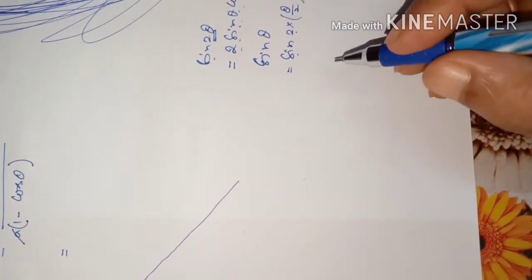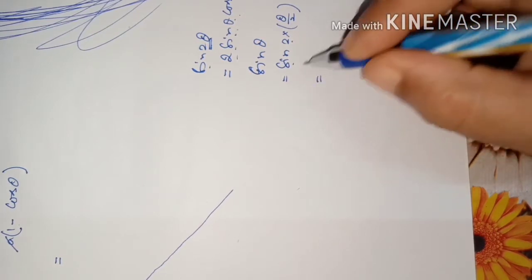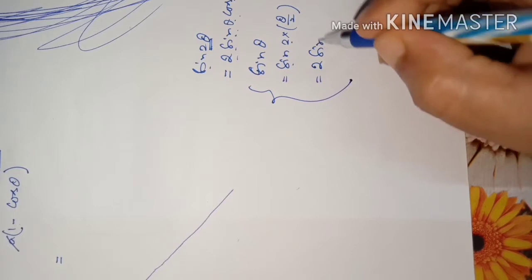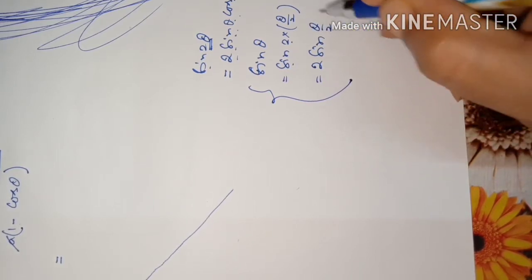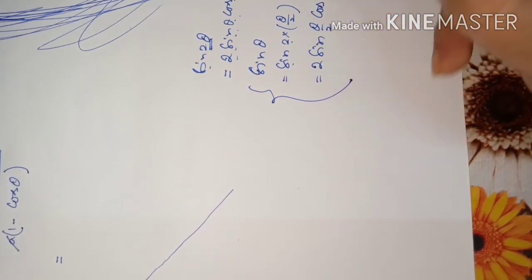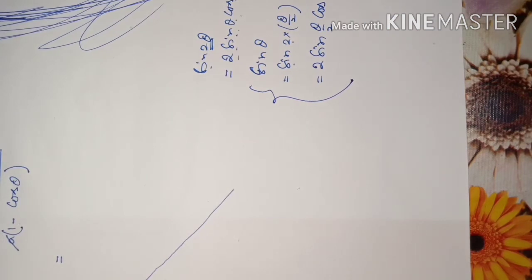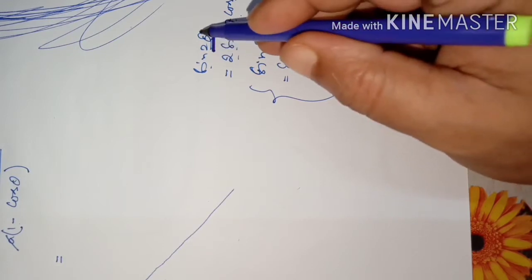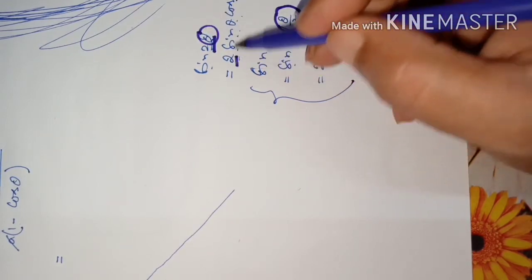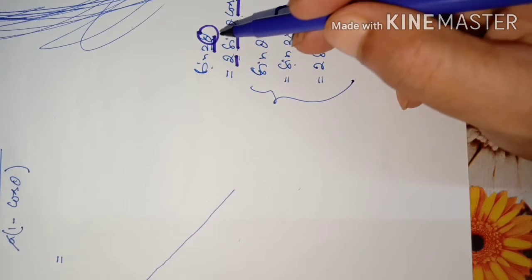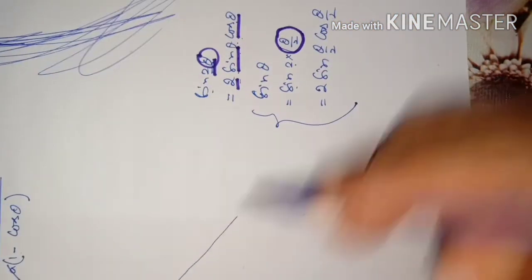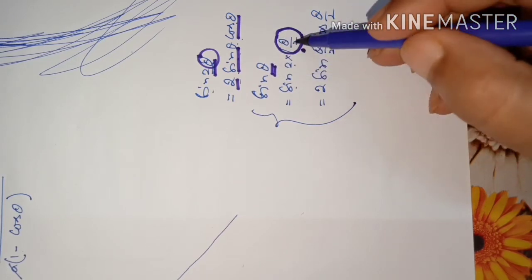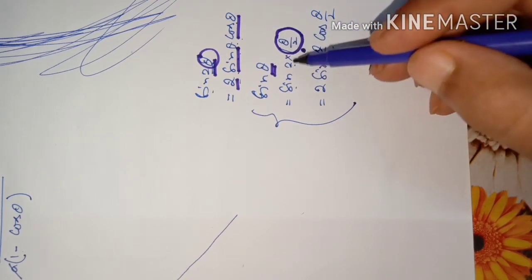So what you can say here, this will be also similar way. This will be also twice sin theta by 2 into cos theta by 2. Imagine this theta by 2 as an angle like this, theta here. So it will be 2 times of sin theta cos theta, sin twice theta. Similar way, we are expressing the theta as a half theta, 2 times of half theta.